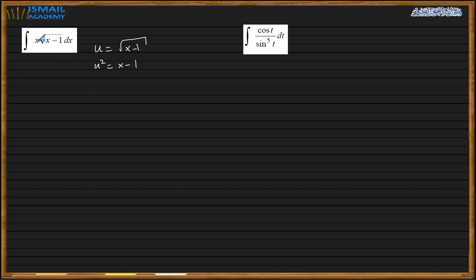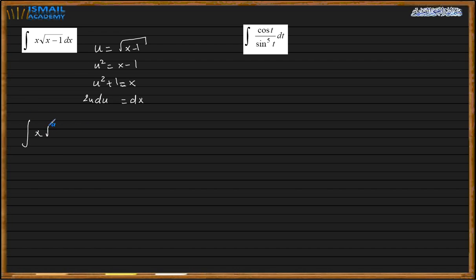I have x by itself; I need to solve for x. So u squared plus 1 is your x. Now what is my dx? dx is 2u du. All right.